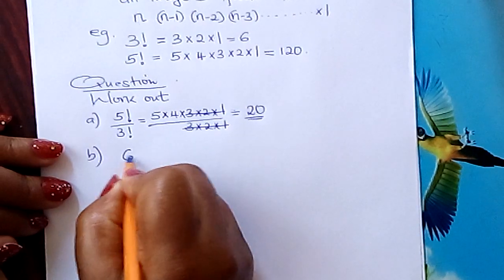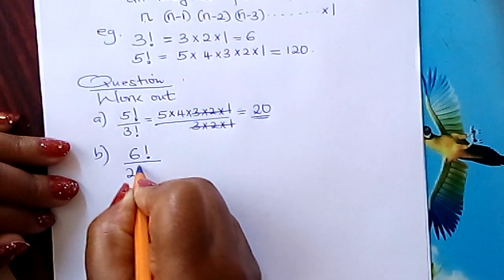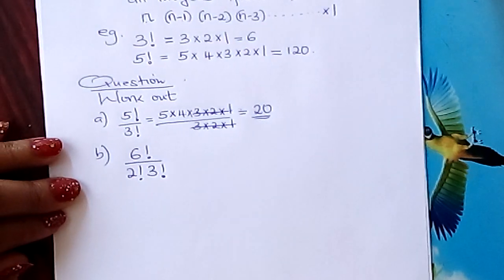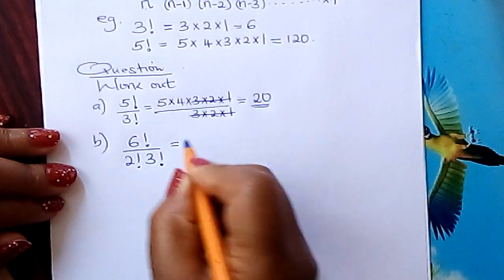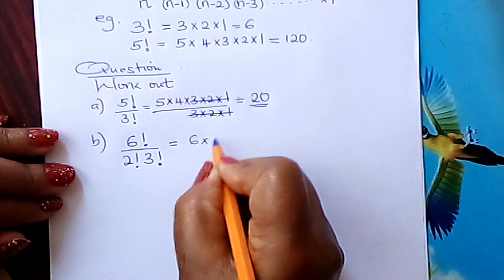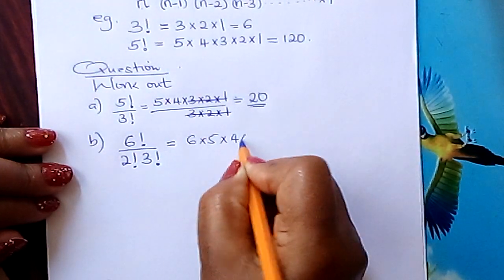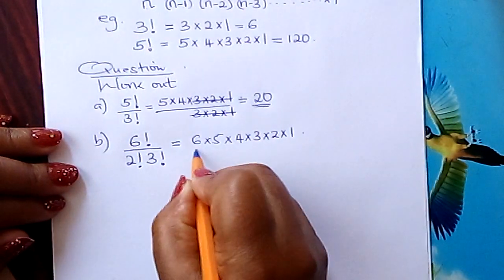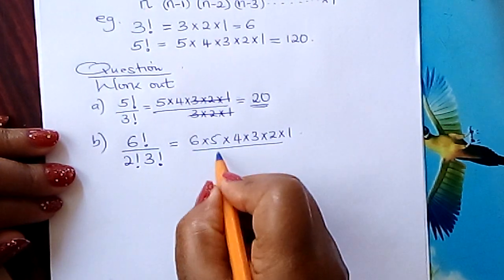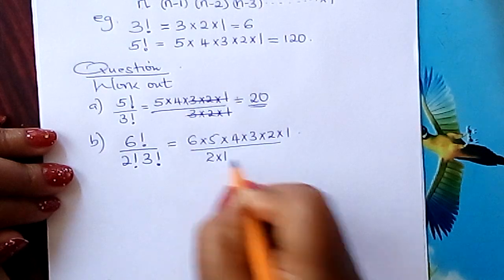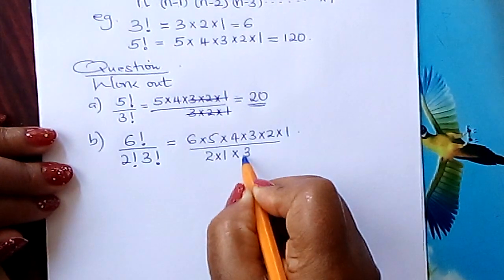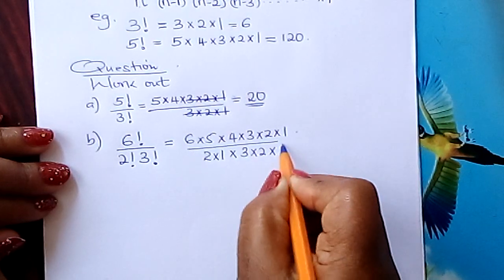We look at another one. Suppose you are told to divide 6 factorial by 2 factorial times 3 factorial, like that, learner. So you pick your 6 factorial and write it down like that. Then you divide by 2 factorial, which is 2 times 1, then times 3 factorial, 3 times 2 times 1.